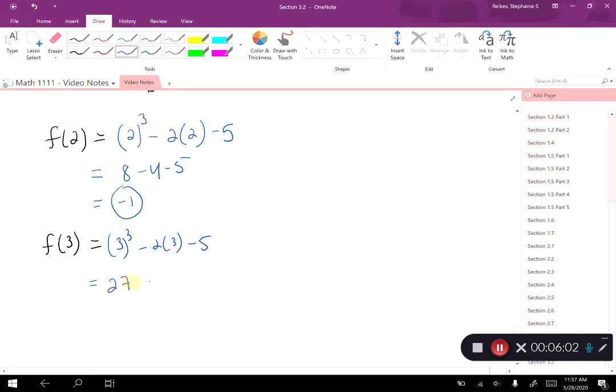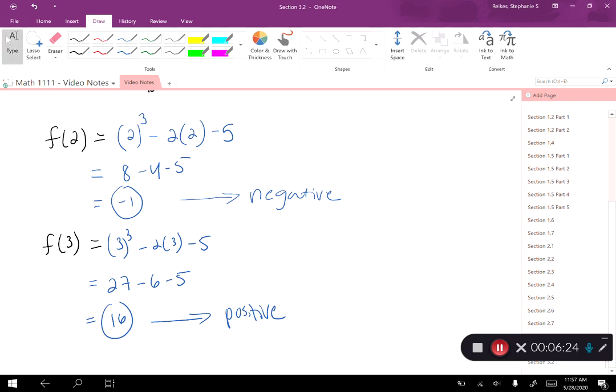I get 27 minus 6 minus 5, which is 16. So since this result was negative and this result was positive, we have just shown that there must be some 0 between 2 and 3 because we had a sign change.